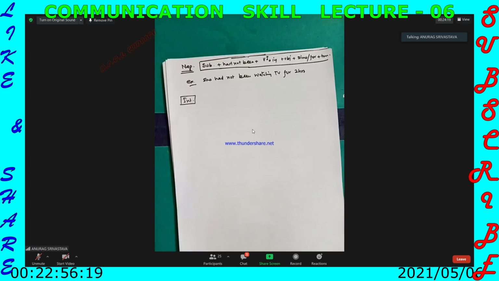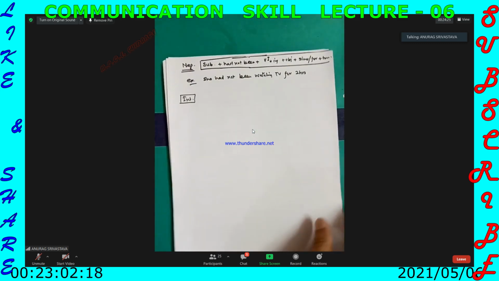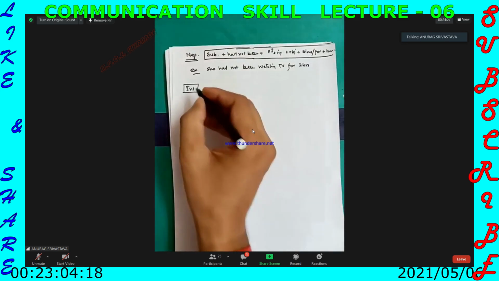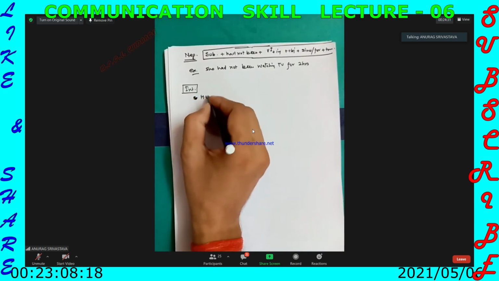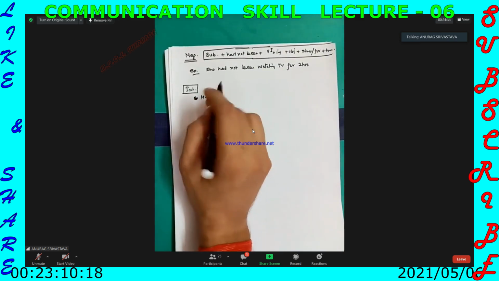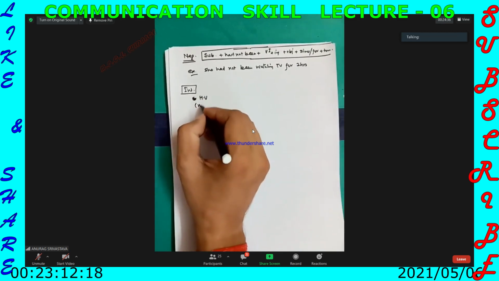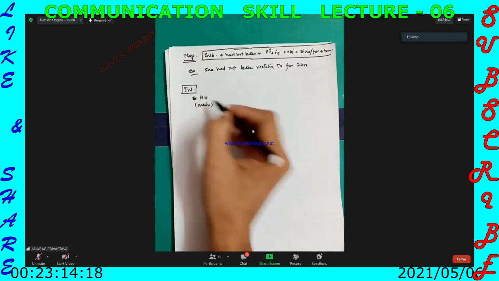In the same pattern we have written the negative sentence, we can also write the interrogative form of the sentence. The format of the sentence will be the helping verb at the very first of the sentence. What is the main type of helping verb? Let us write it down below: main helping verb, okay?